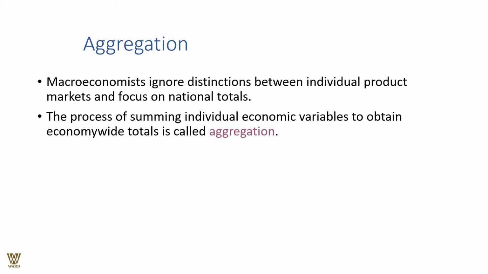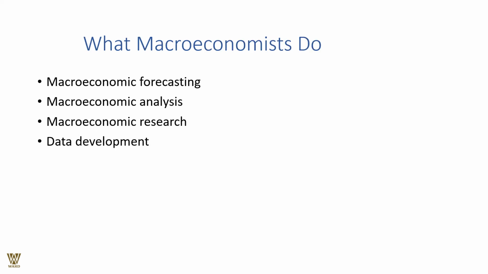You need to understand you cannot have a generalized consumption altogether. The process of summing individual economic variables to obtain a nationwide total is called aggregation, as the case might be. So you need to understand which industry requires support. The government needs to implement certain policies which will incentivize upgrading those industries.